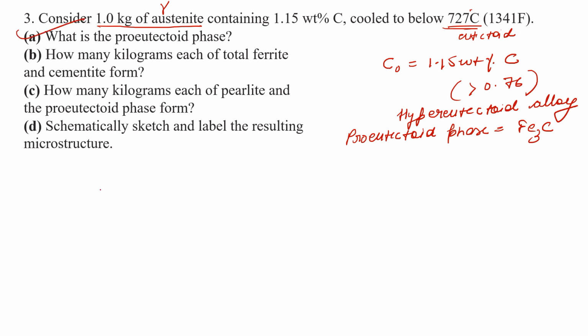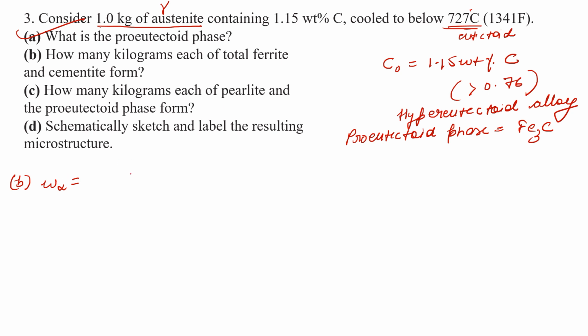So the second part asks how many kilograms each of total ferrite and cementite form. So total ferrite and cementite. So we need the weight% of alpha for hypereutectoid.